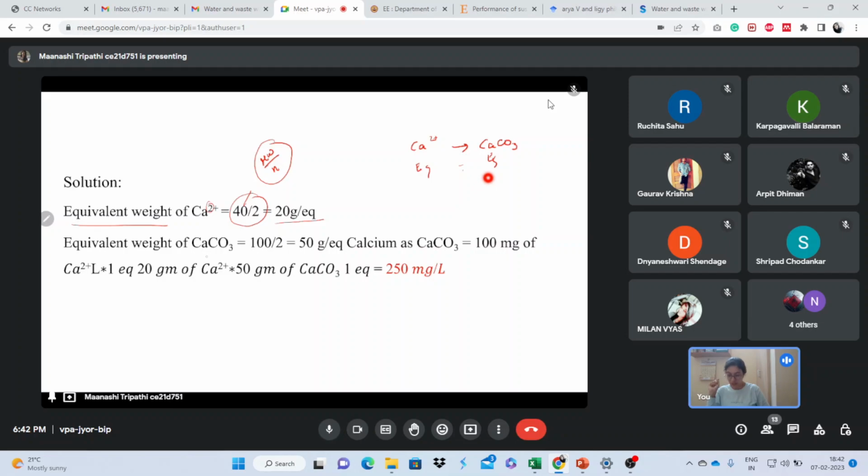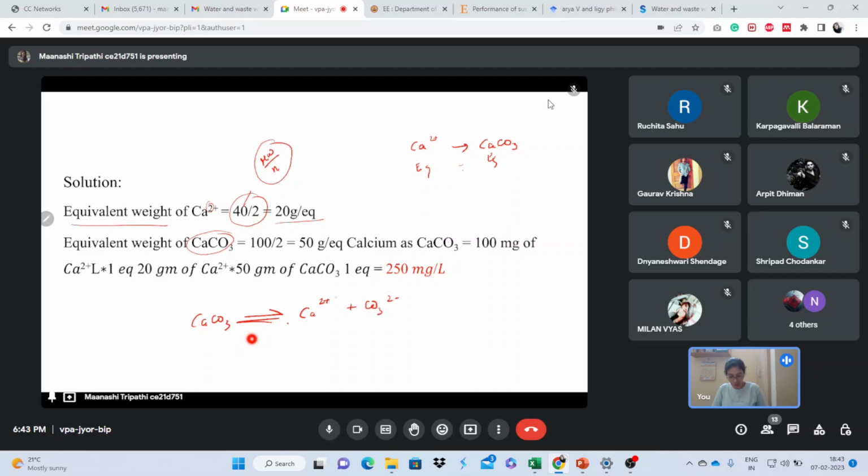And the equivalent weight of CaCO3 is 100, the molecular weight, divided by 2, because when CaCO3 is separated it will give Ca2+ and CO3 2-.